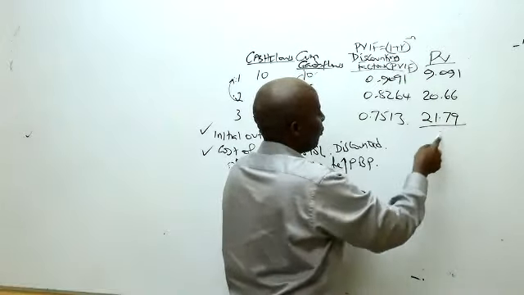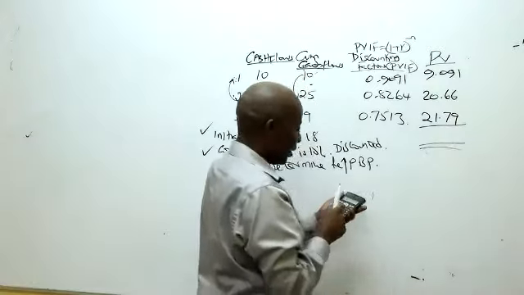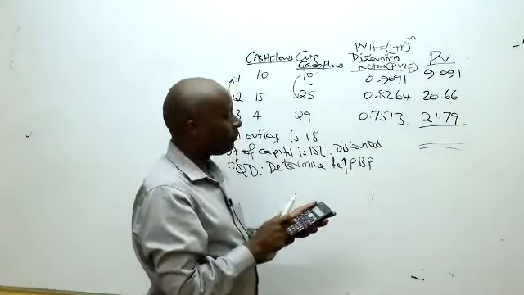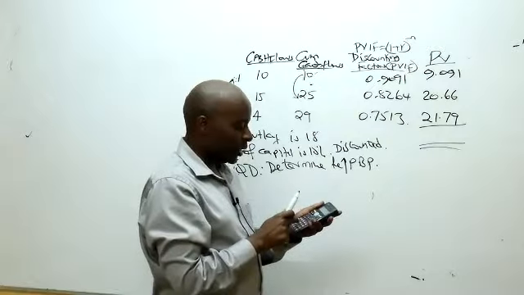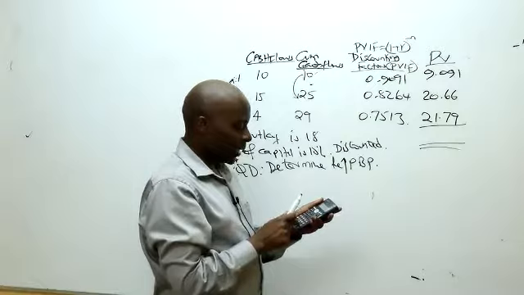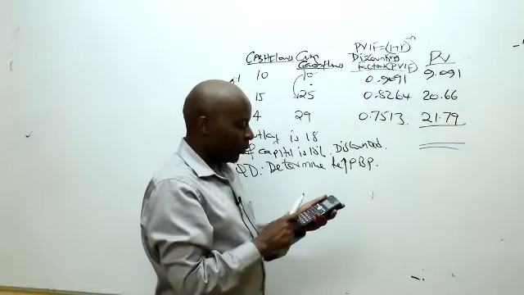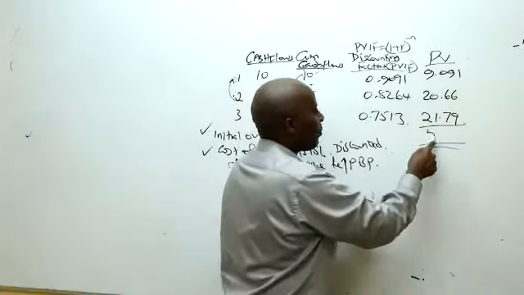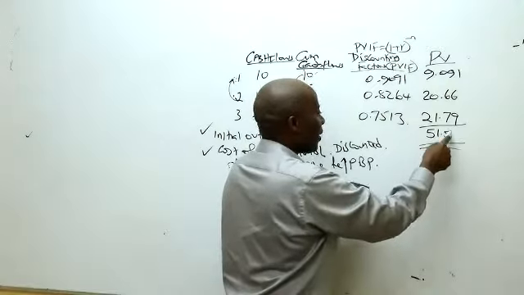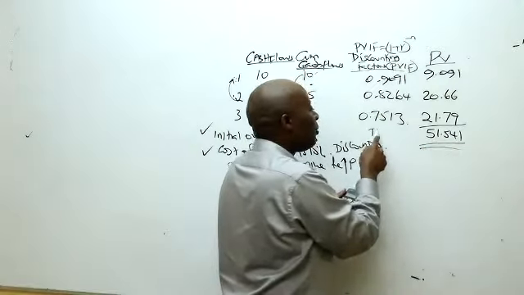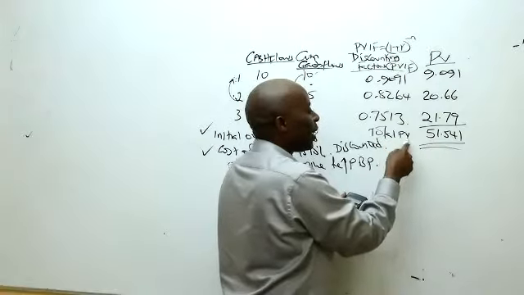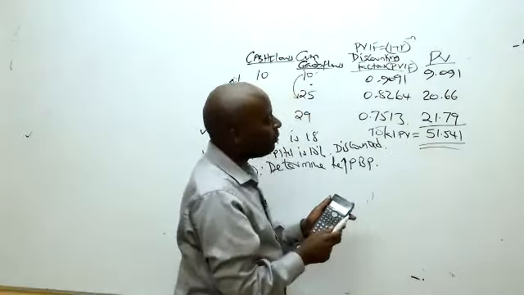Now from there, ladies and gentlemen, come and give us the total: 21.79 plus 20.66 plus 9.091, which in this case I'm getting as 51.541. This one here will be called the total present value.